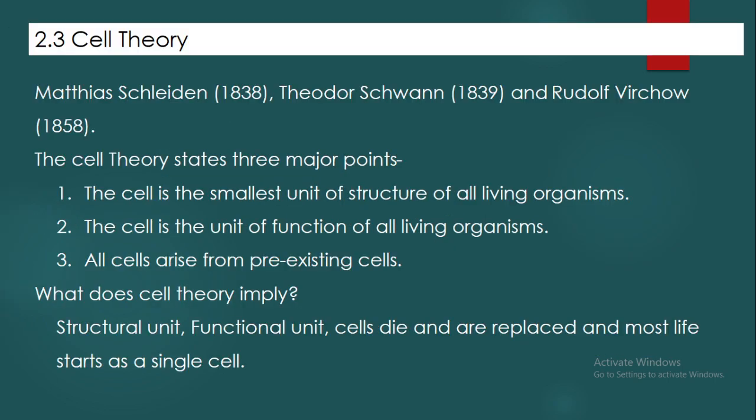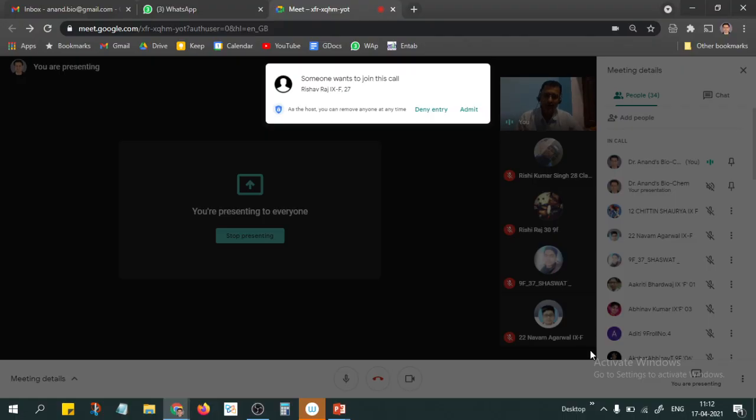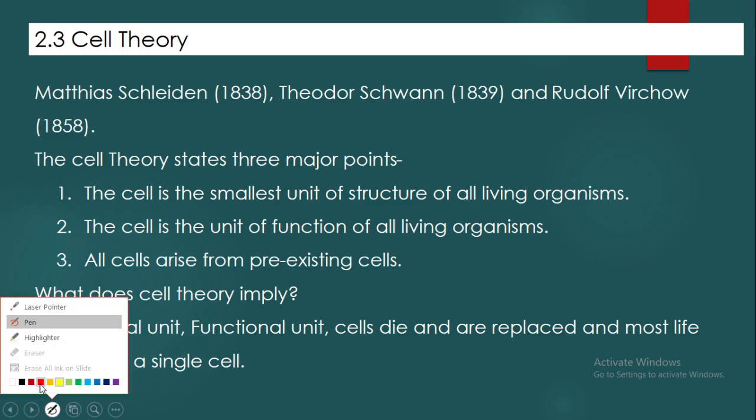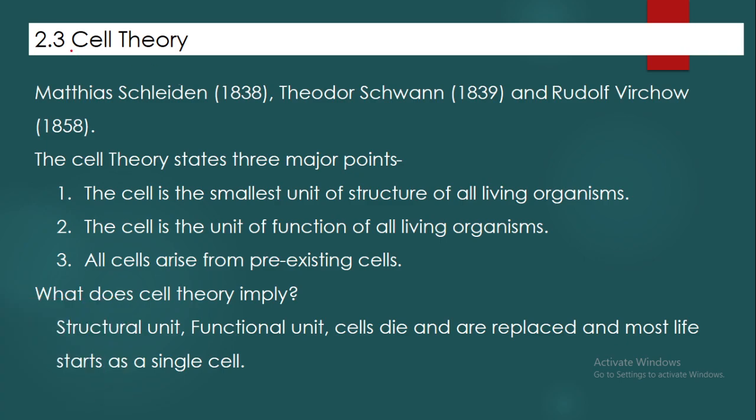Next we are moving to an important part of the chapter, which is called the cell theory. This cell theory was proposed by two scientists, Matthias Schleiden and Theodor Schwann.